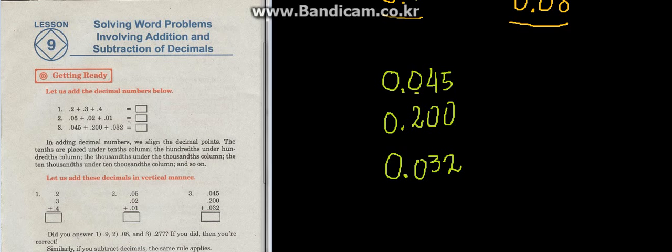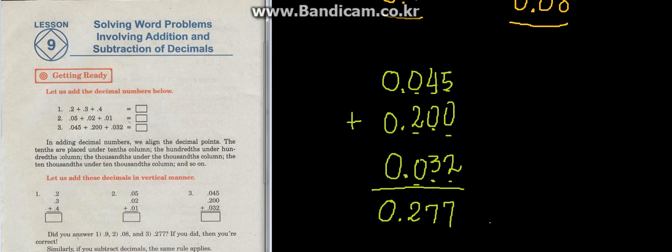So now you have all the tenths aligned, and also all the hundredths in the hundredths column, and all the thousandths right under each other. So after you do that, now you just add, which is very simple. So 5 plus 0 is 5, 5 plus 2, 7, 4 plus 0, 4, 4 plus 3, 7, and then 0 plus 2 is 2, 2 plus 0 is just 2. You place the decimal point, and then the 0. So the final answer here is 277 thousandths. Okay, that was very easy.